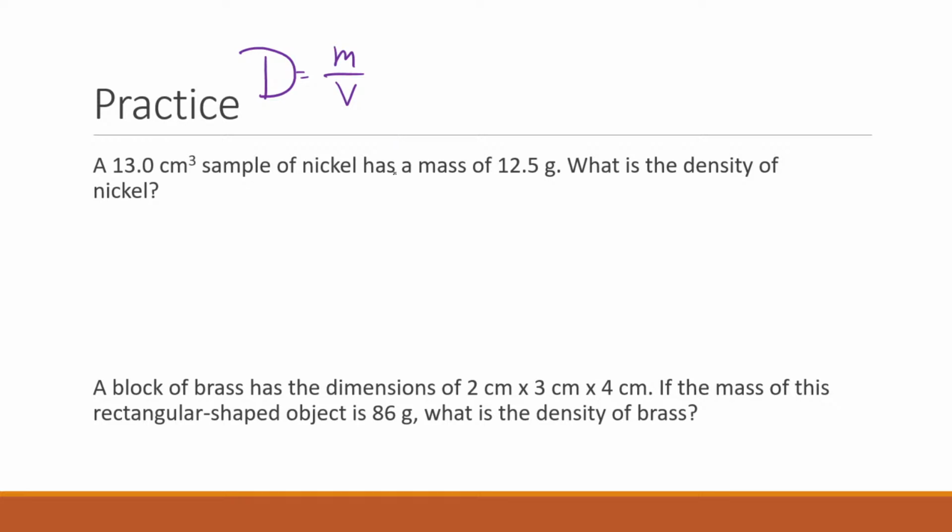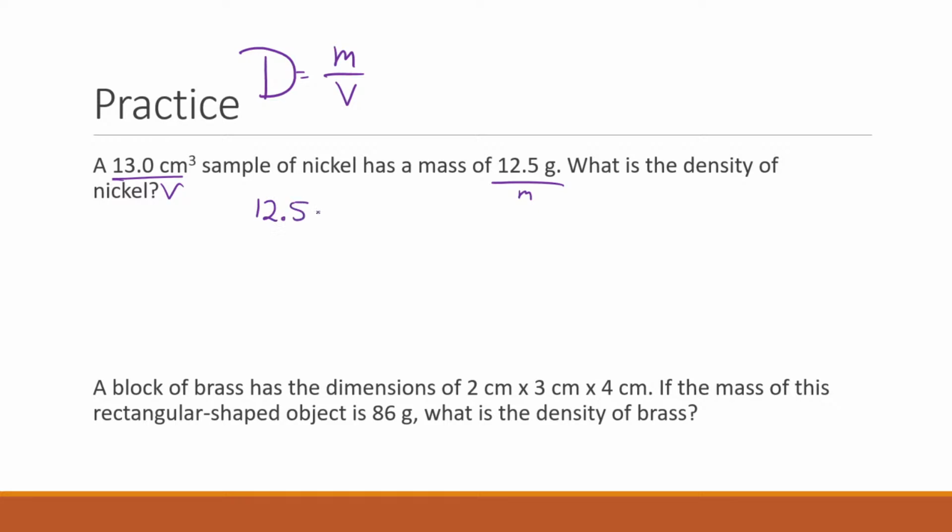All right, so for the first one, again, we are given mass and volume, and we need to solve. Grams is a measurement of mass. They tell us it has a mass of 12.5. Centimeters cubed is a measure of volume, so they give us our volume as well.